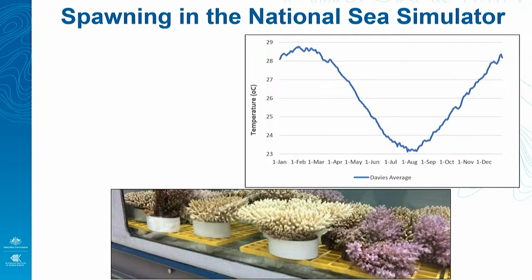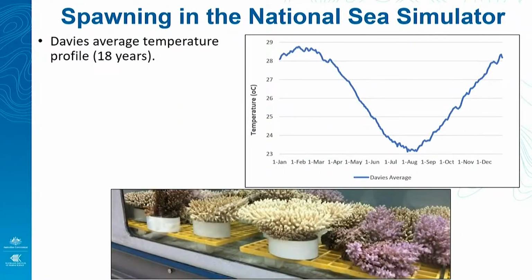But we also have a captive ambient breeding program where we keep corals in outdoor aquaria under an ambient temperature profile. This profile is based on the Davies Weather Station 18 years' worth of averages, which don't include the most recent bleaching years too. So the advantage is that we're controlling the temperature and we're not exposing these broodstock to those large degree heating weeks, which we've heard about throughout this conference.